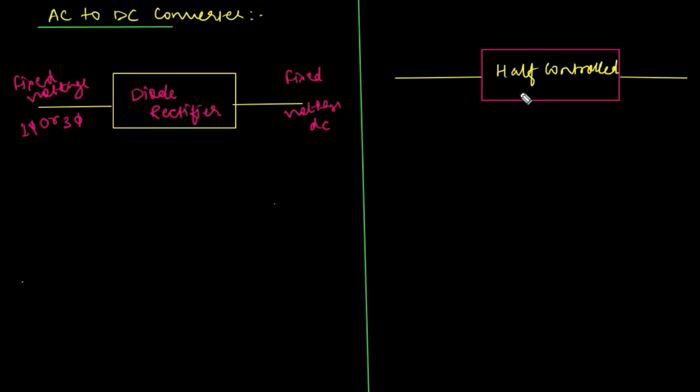The half control rectifier are basically used to convert the fixed voltage, and it will be AC because it's a AC to DC converter, to the variable voltage.